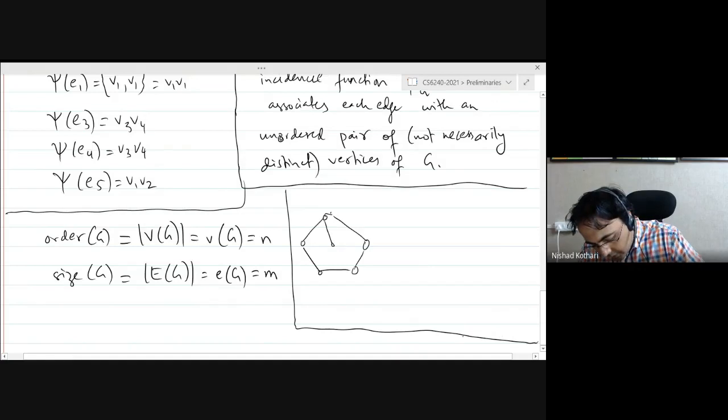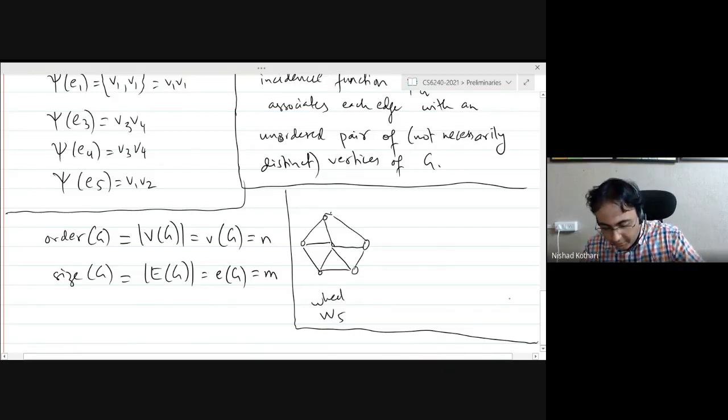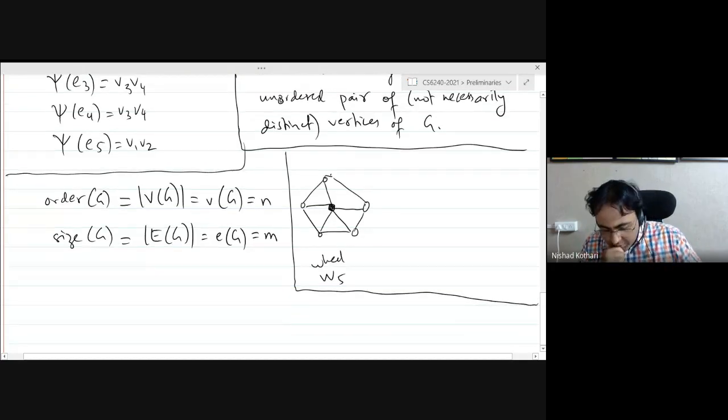So let's take this graph here. It's called a wheel. The notation is W5. 5 is the length of the cycle, and there is one vertex in the center. Okay, but we will go through these definitions later. So here, there is this operation of contracting an edge.